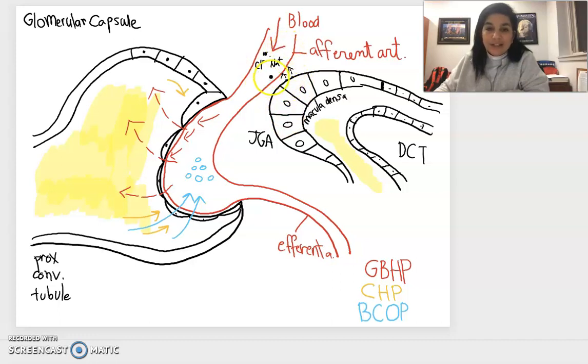And if they sense that there is a drop in blood pressure, for example, if there's a drop in water, right? Because they are monitoring water. So if there's a drop in volume of water, there's going to be a drop in volume of blood, because water makes up the blood volume.